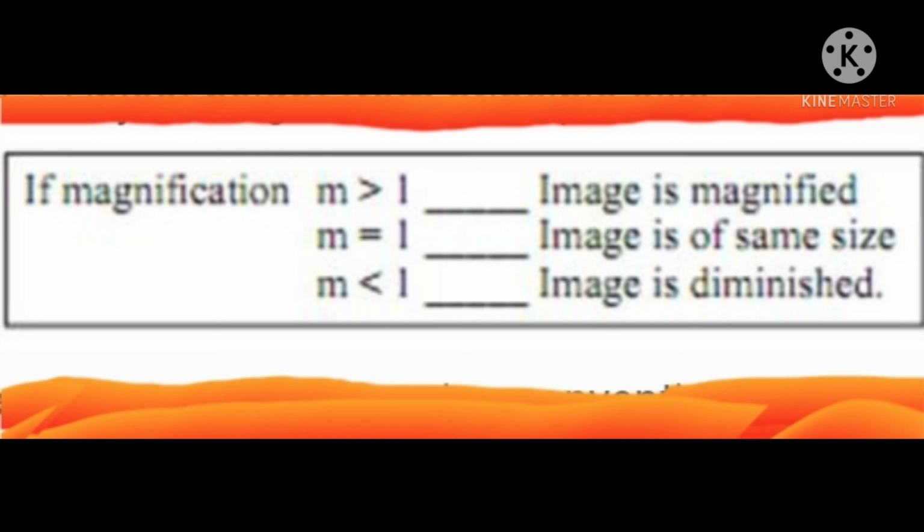Positive sign of magnification indicates that the image is virtual, that means which cannot be obtained on the screen. Real means which can be obtained on the screen. From the sign of magnification we can identify the nature of the image.